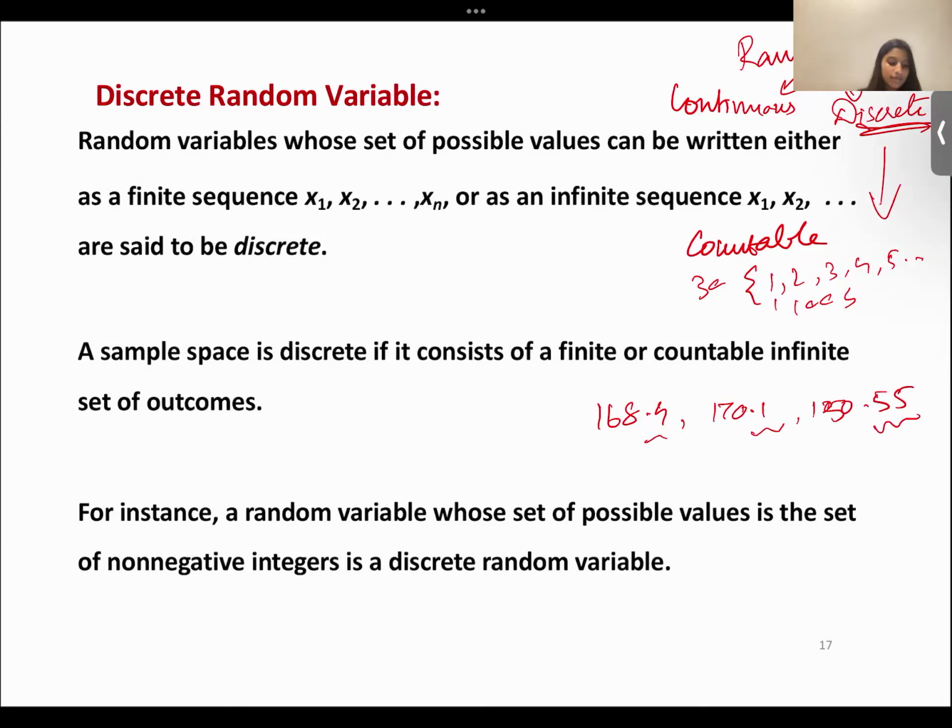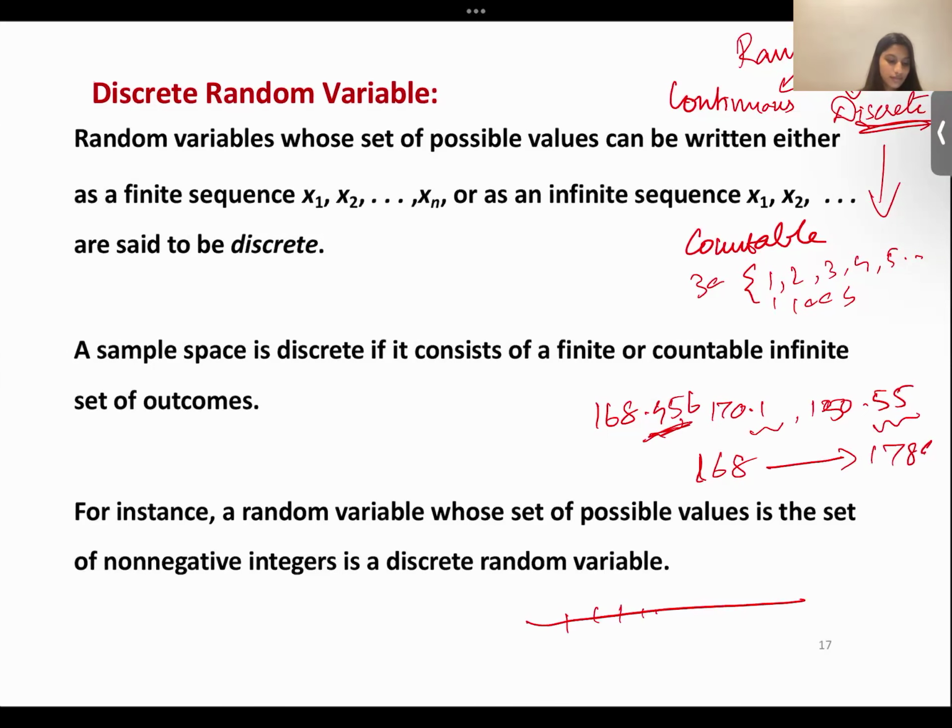You can denote this by any number ranging between 168 and 178, and it can be any decimal value. Such values are called continuous values, and random variables of this kind are called continuous random variables.